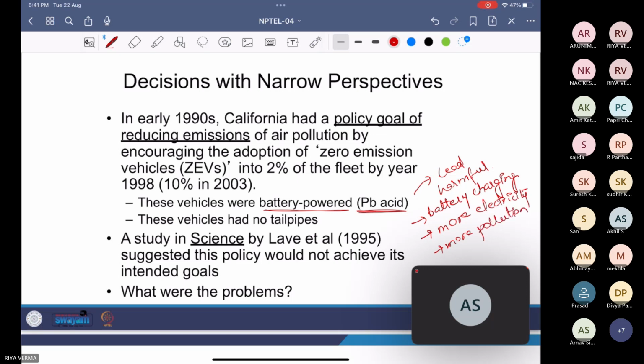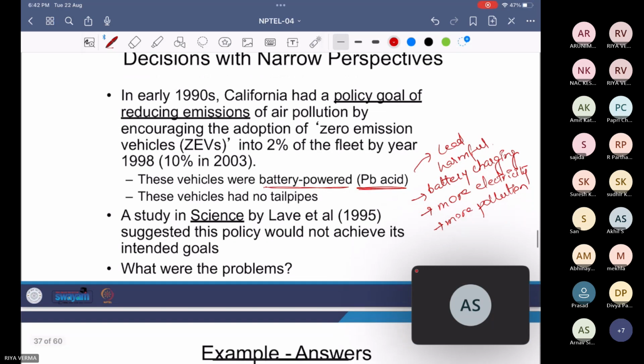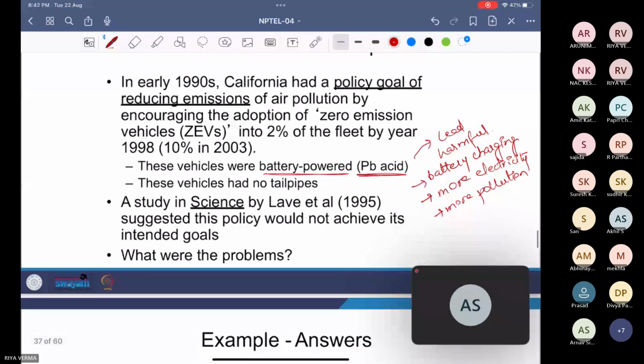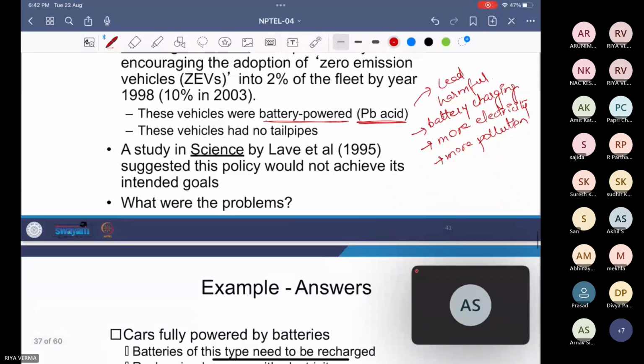So this is the problem of shifting. They tried to reduce the pollution on the road, but to do that, they increased the burden on the production of electricity, and due to that more pollution was being created. This is a decision with narrow perspective.